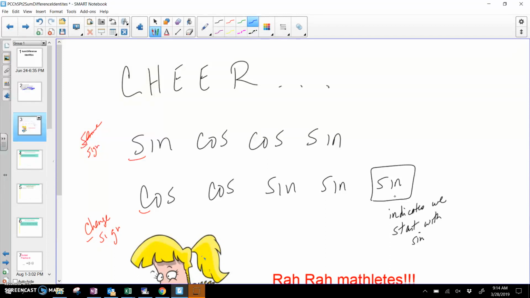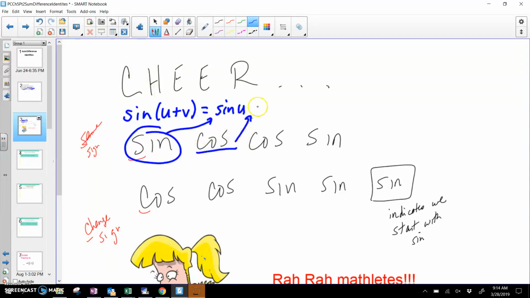Okay, and what that cheer does is it allows us to remember the sum and difference identities. There's a sum and difference identity for the sine function, which is that if you have the sine of the angles added together, so u plus v, it's equal to the sine of u, cosine of v.